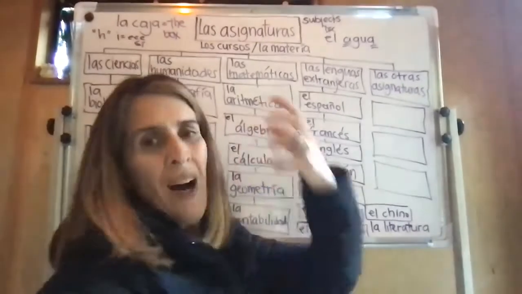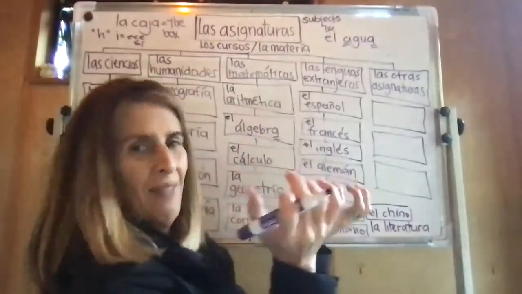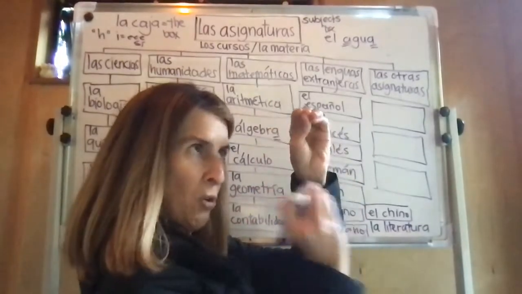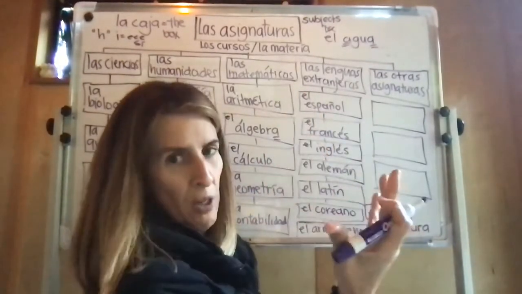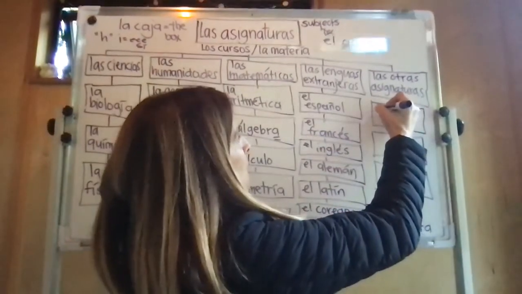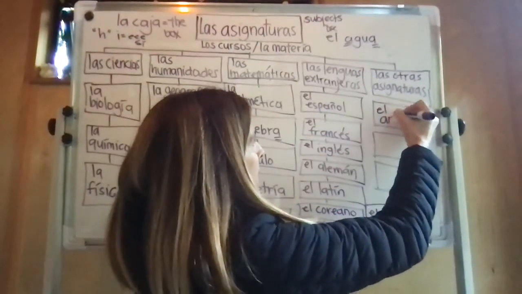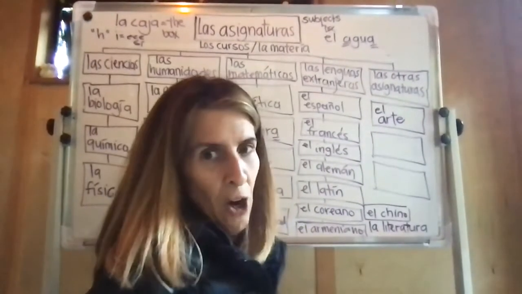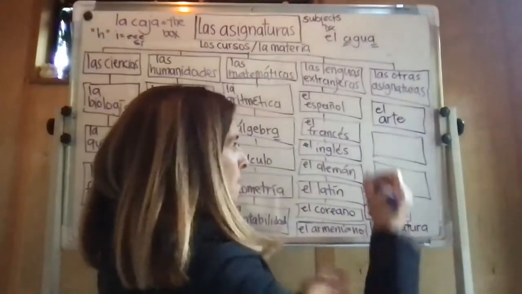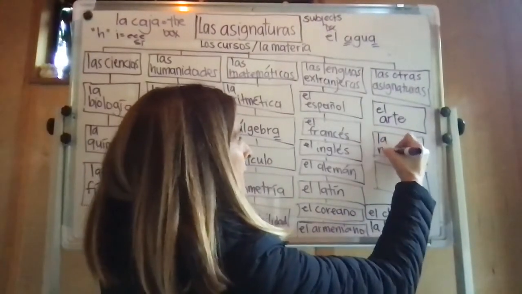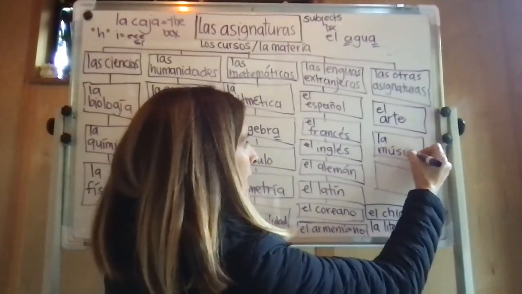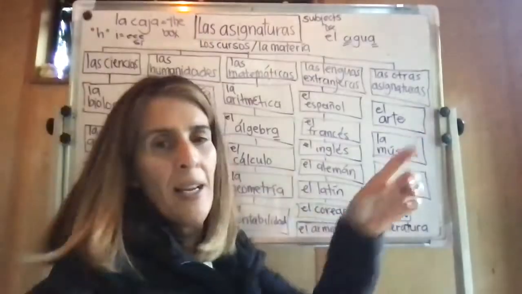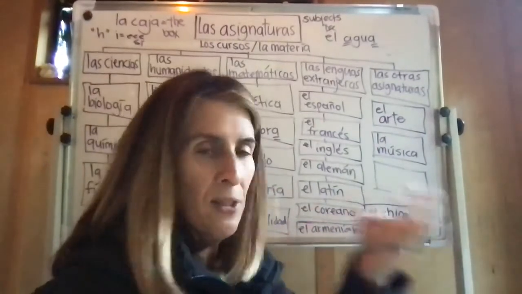So for example, under these, they don't have a category, so we're just going to put them, we could get into the small courses underneath each one, but we're not going to, okay? So we're just going to call this one El Arte, which is painting or anything art related, sculpture. La música, music. And again, these are asignaturas. These are subjects because under music, I could have like instrumental music.